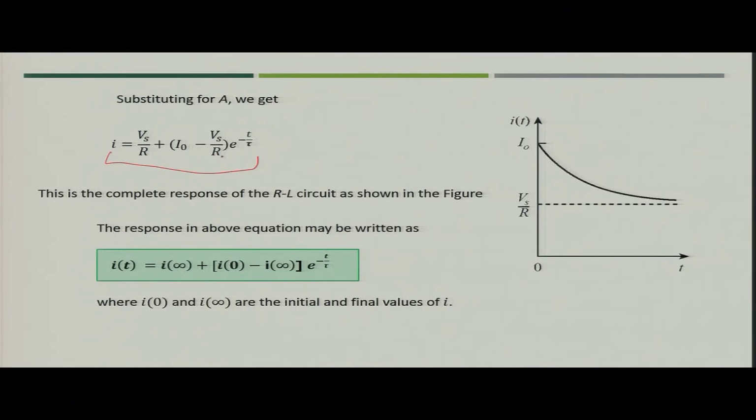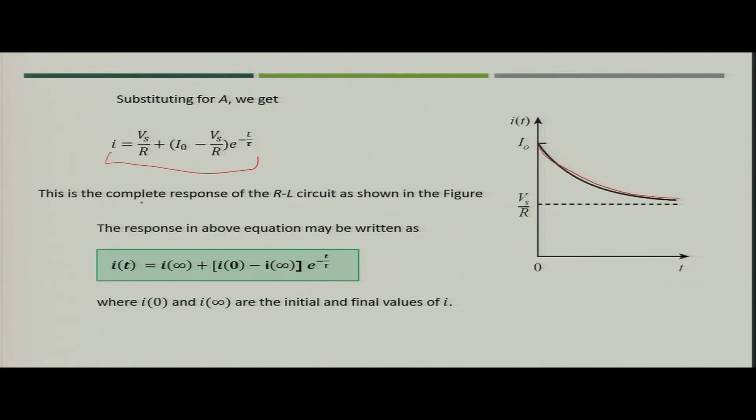If you see this figure, and suppose Vs by R is less than I naught, the response of the current flowing through the inductor would be as shown in the figure.